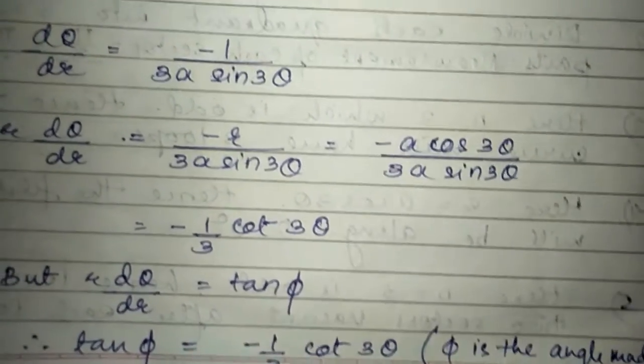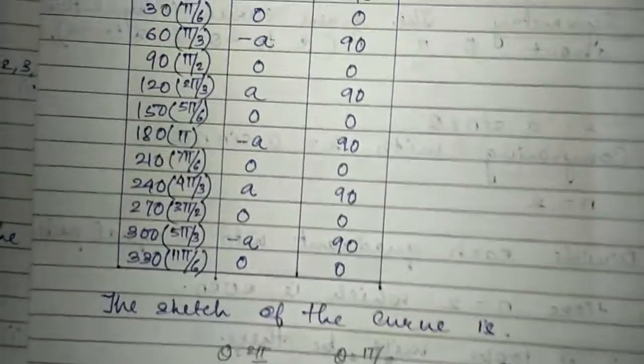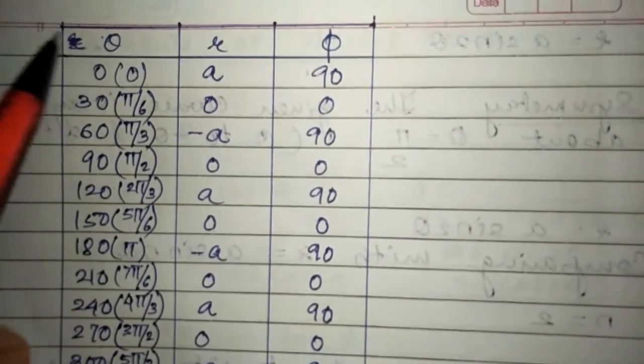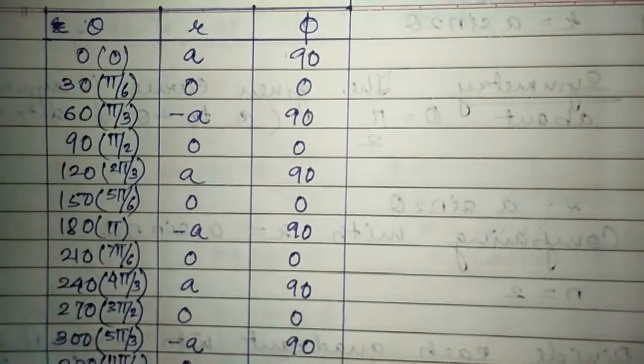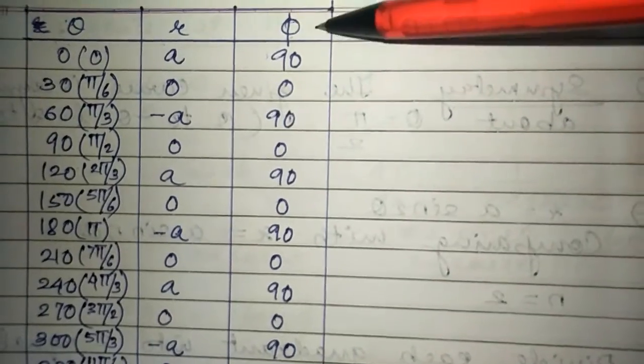Now from all this information we'll make a table. We'll make the table for the values of theta, the corresponding value of r, and the corresponding value of phi.